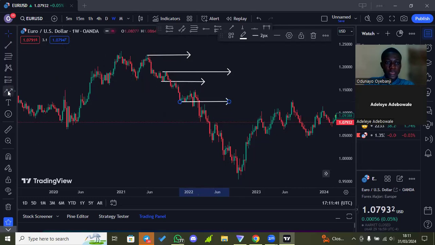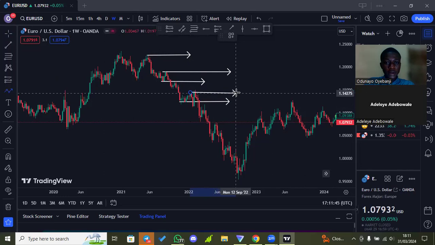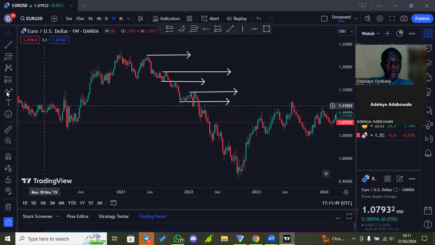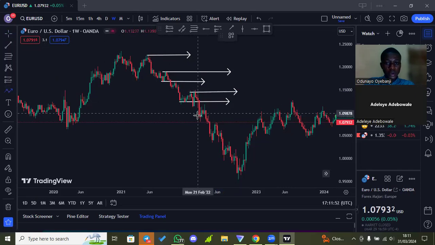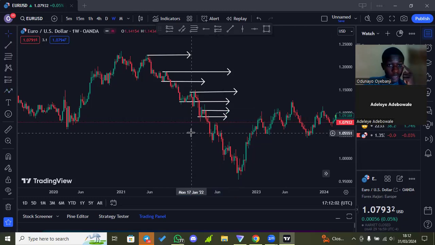Went up, created a lower high. Then came down, created a lower low again. Went up again, created a lower high. So continuously, the market keeps creating lower lows and lower highs.